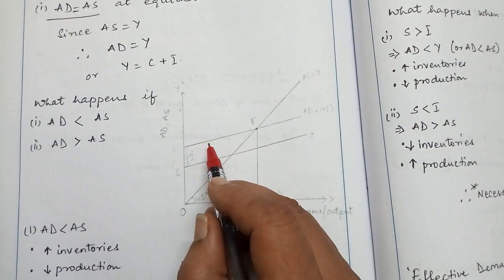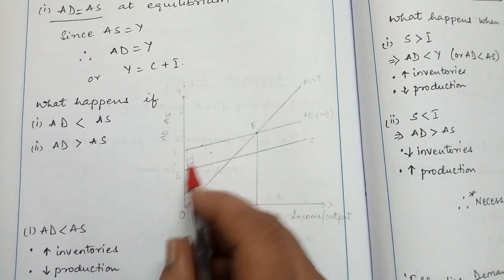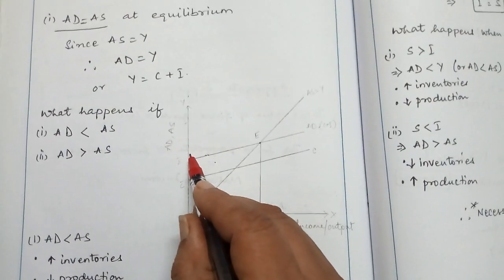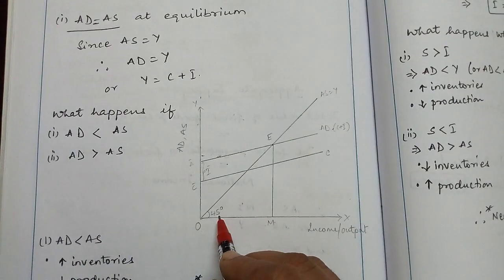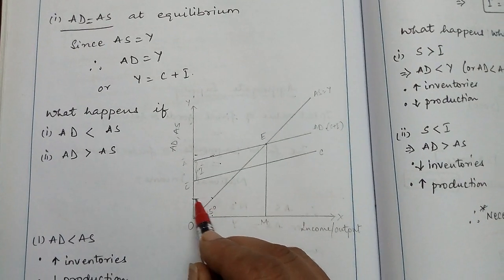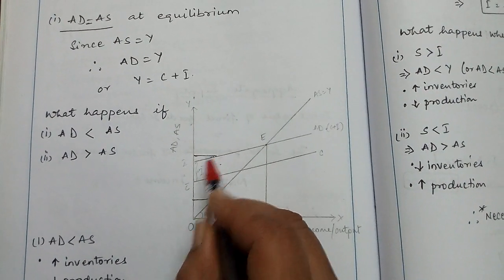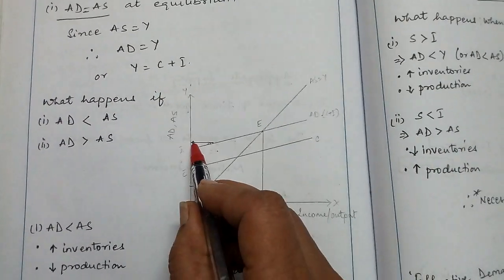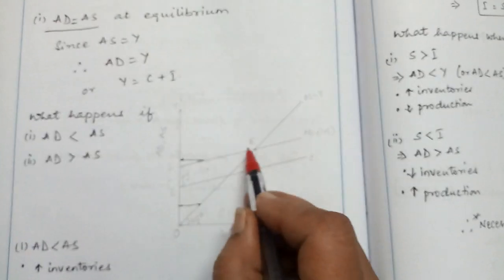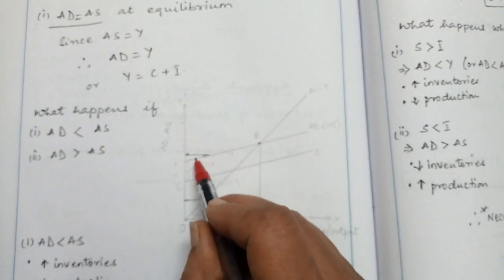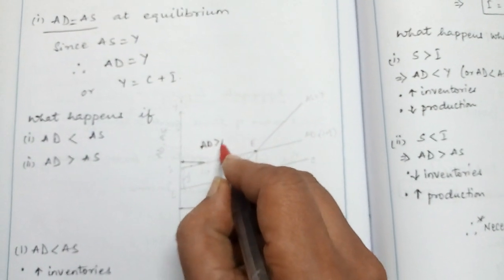Let us consider a point on AD curve here. At this point, AD's value is here and income value is here. So at this point, supply is at this point and AD demand is at this point. So we find that demand is greater than supply. So this point below equilibrium is AD greater than AS.